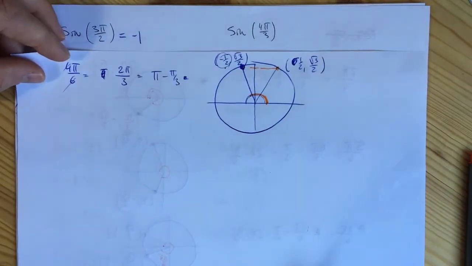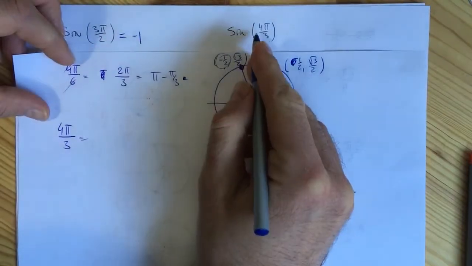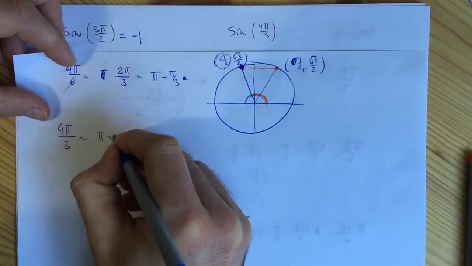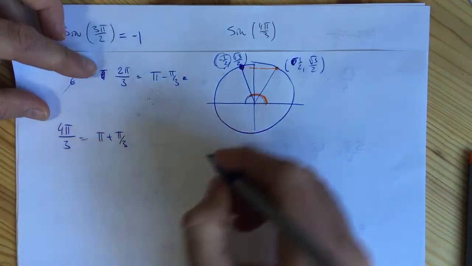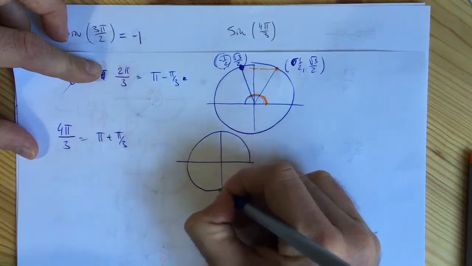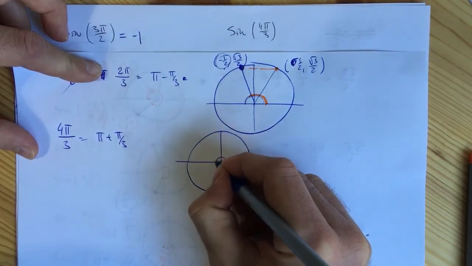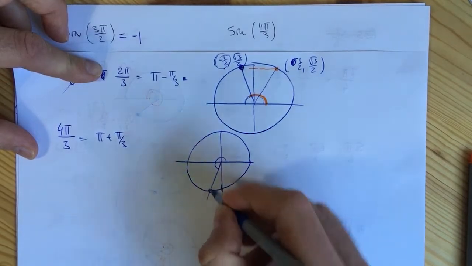Four pi over 3, on the other hand, is equal to pi plus pi over 3. Pi plus pi over 3 is 4 pi over 3, so it is this value right here.